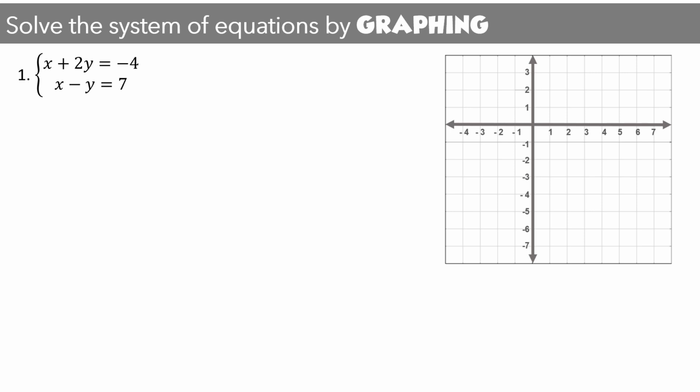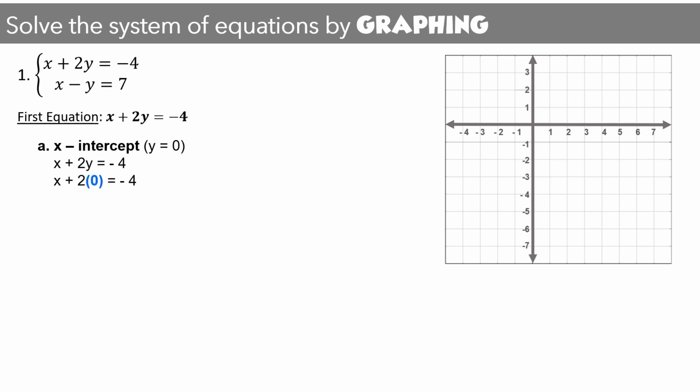Let us start with the first equation. X plus 2y equals negative 4. Again, to get the x-intercept, we have to make y 0. So using that equation, x plus 2y equals negative 4, let's change y into 0. Like this, so we have x plus 2 times 0 equals negative 4. Then multiply 2 and 0.